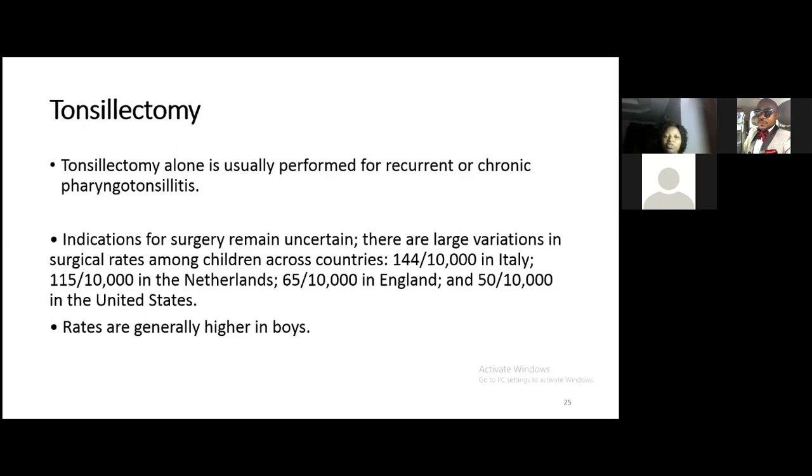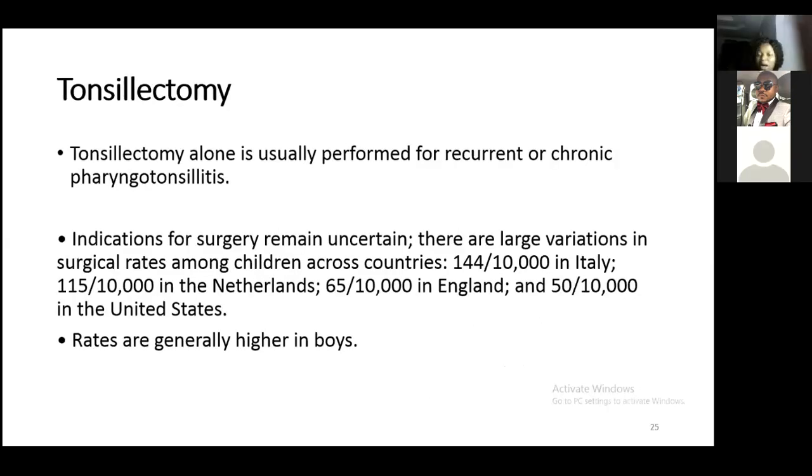The indication for surgery remains uncertain. There are large variations in surgical rates among children across countries. Like in this study I saw, in Italy the rate is up to 144 per 10,000. In the Netherlands it is 115 per 10,000.